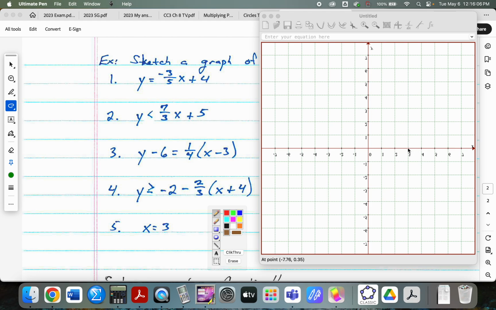So this goes to the point +3, +6, and has a slope of 1/4. Since it's equal to, it is the line. So it looks something like this.